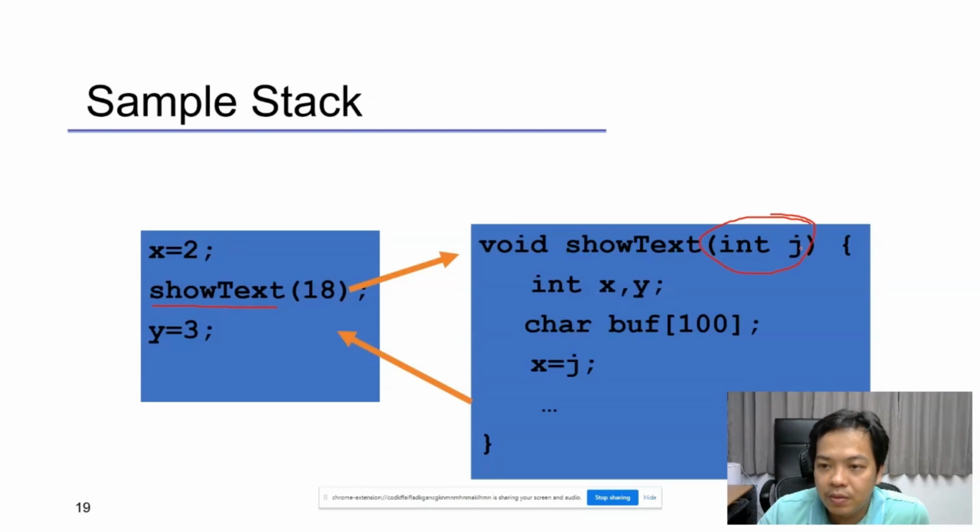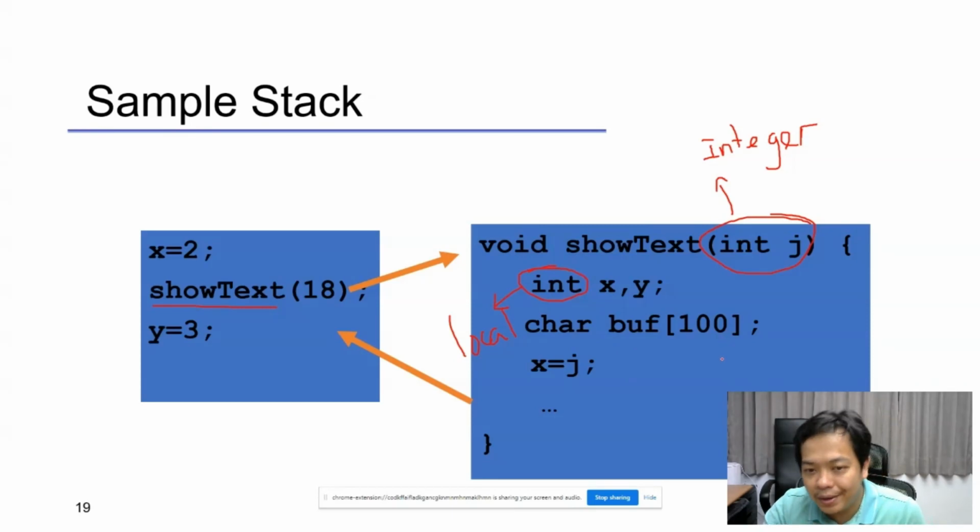Take this function. The input is an integer. And when we have this, it means we have a local declaration, a local variable, and we declare a buffer of about 100 bytes, and this local variable doesn't declare clearly how much.